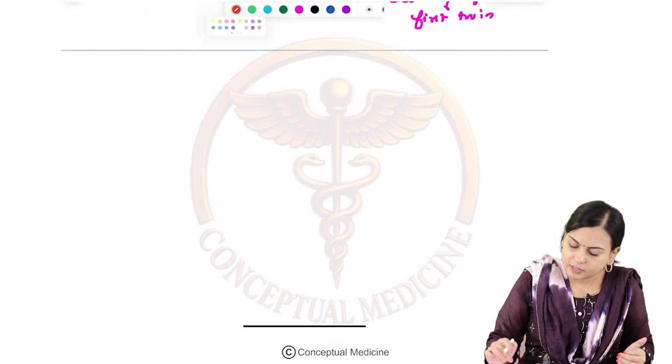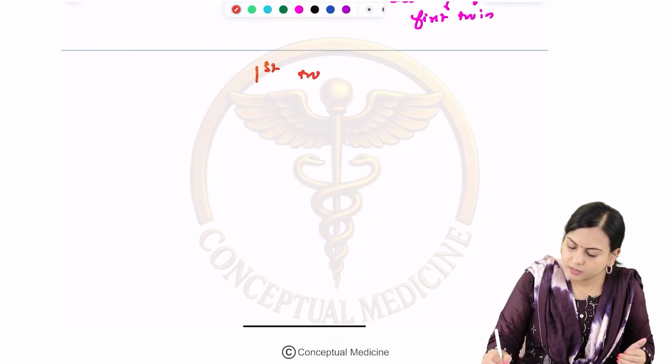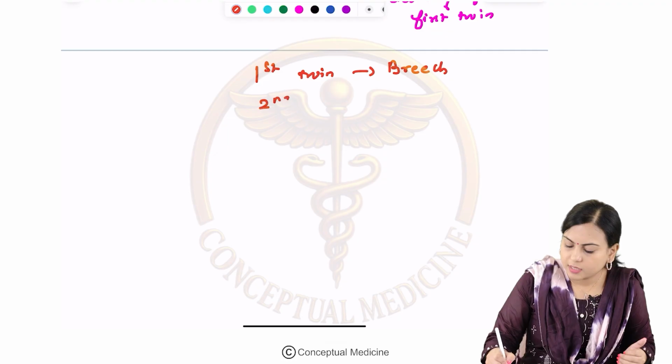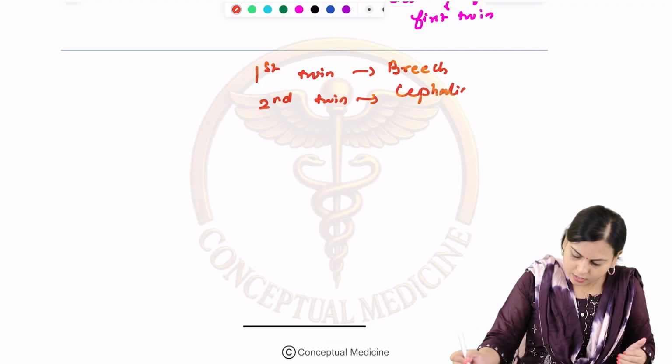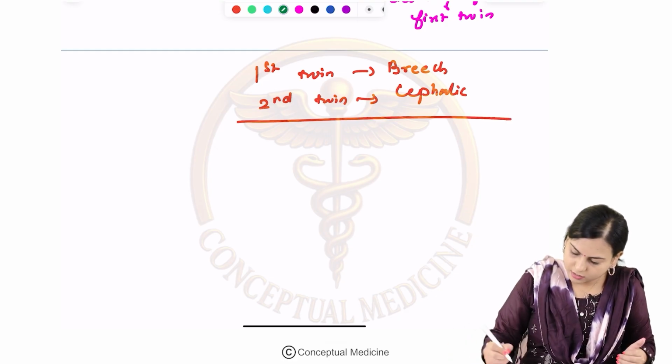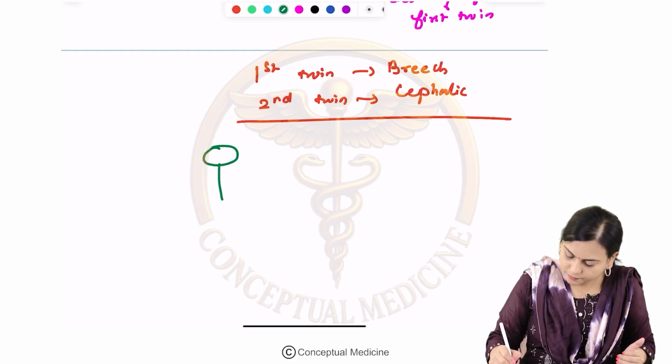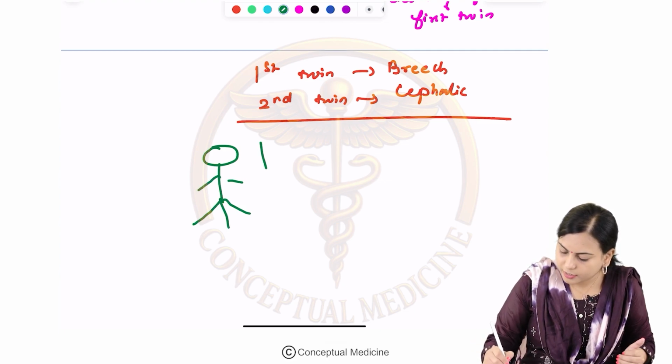Suppose you have the first twin in a breech presentation and the second twin in a cephalic presentation, like this.